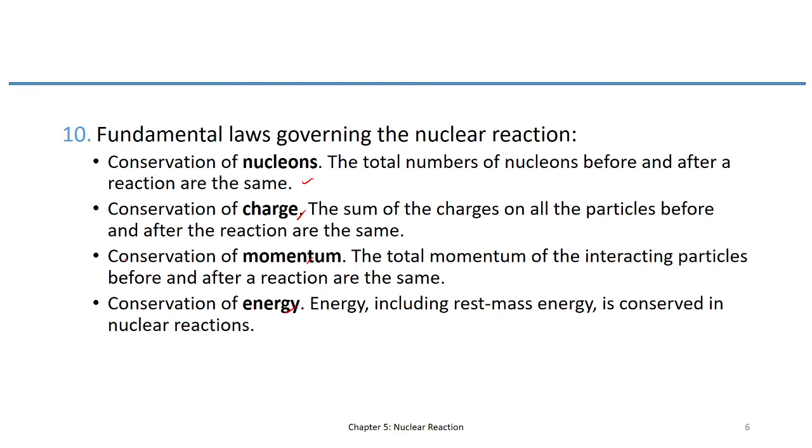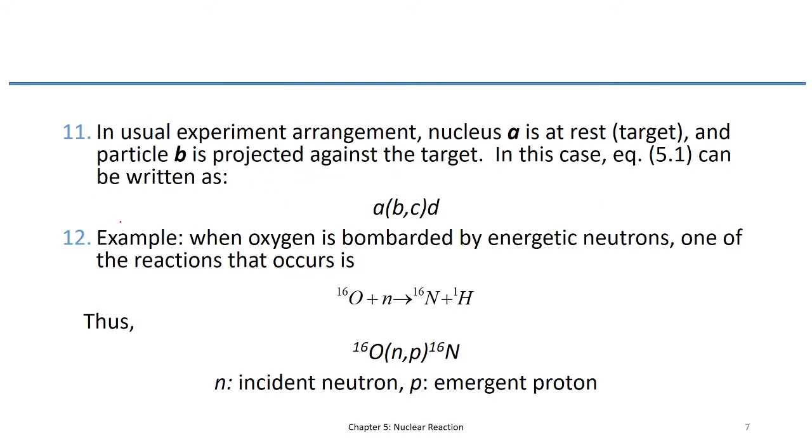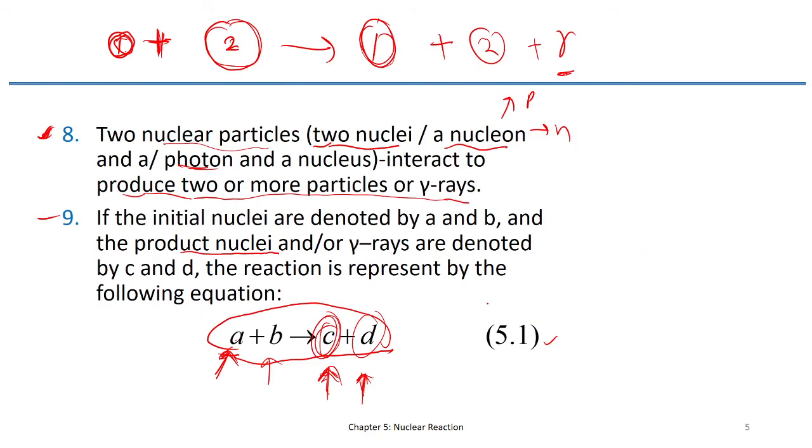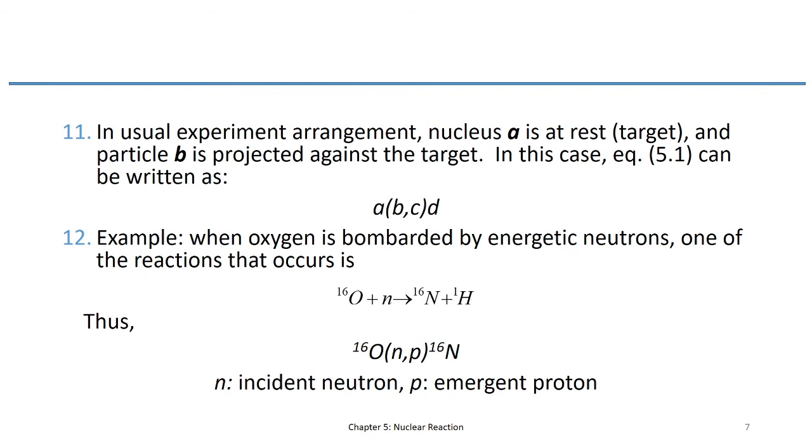For this lecture we will look in detail at the conservation of nucleon and energy, but the rest we don't do in that much detail. Another representation of a nuclear reaction, other than equation 5.1, is this kind of notation.